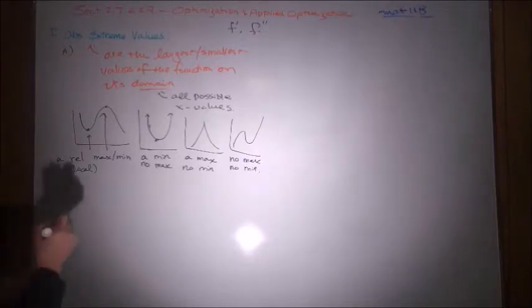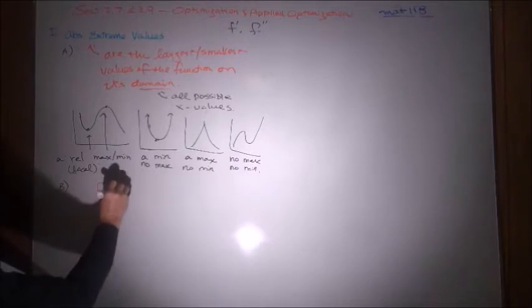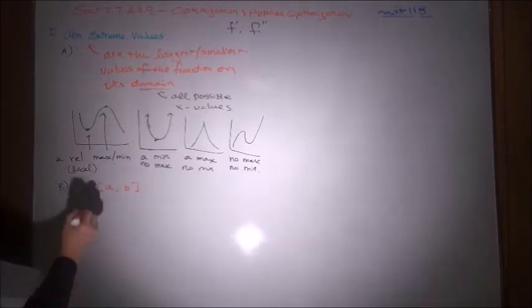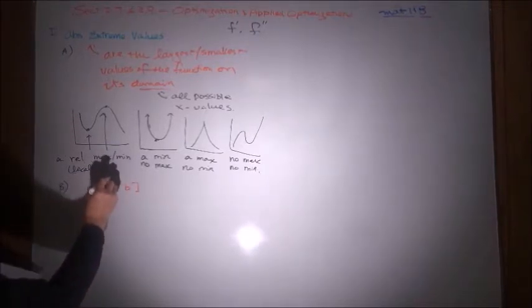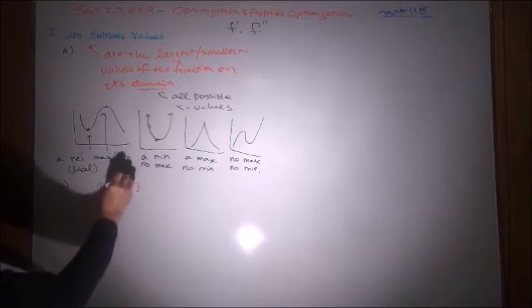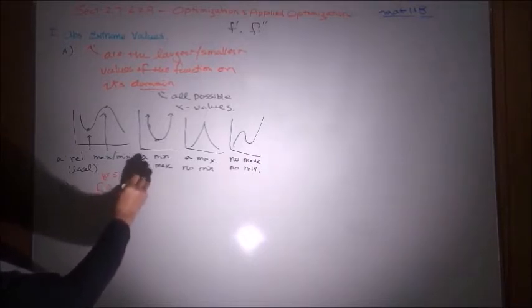So to find an absolute maximum or an absolute minimum value for a continuous function on a closed interval a to b, that means, okay, I'm going to do year, say, 5 to year 10.